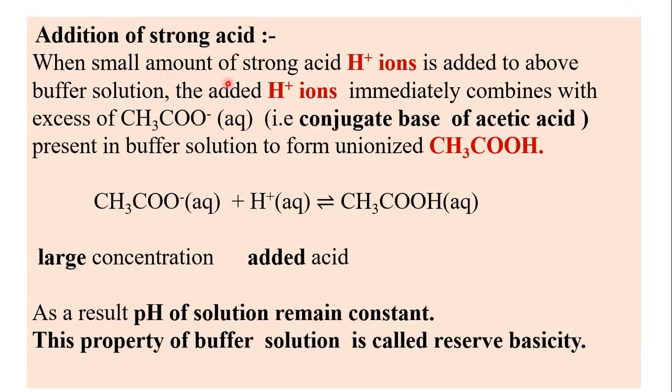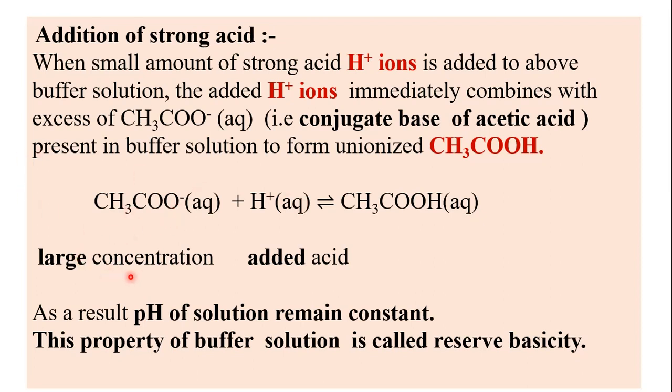When a small amount of strong acid is added to this solution, then the added hydrogen ion combines with excess of acetate ion present in the solution, which is a conjugate base of acetic acid, and forms unionized molecules of acetic acid like this.